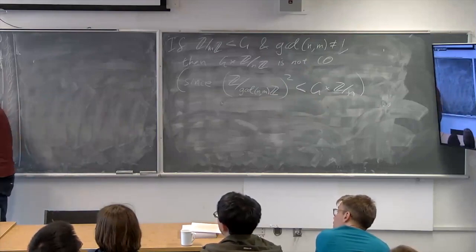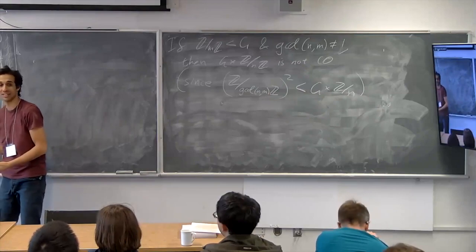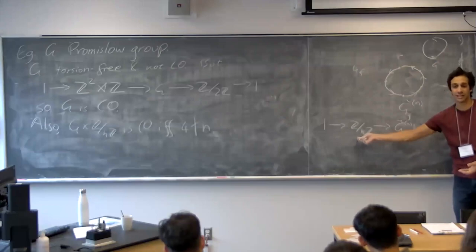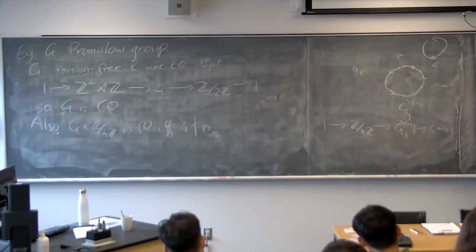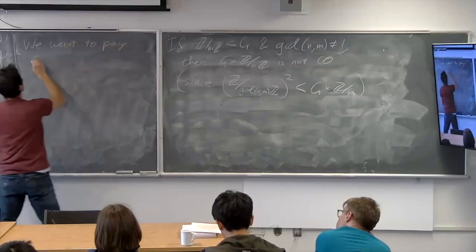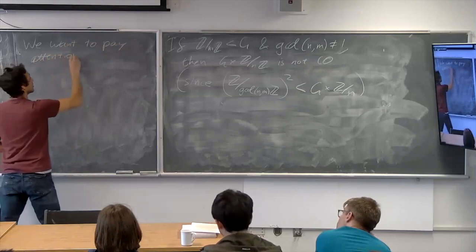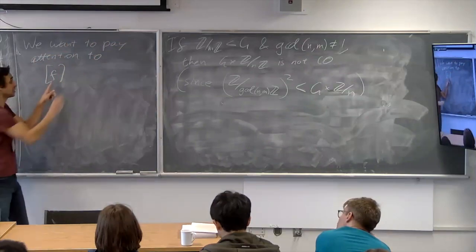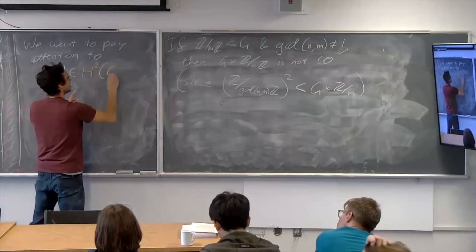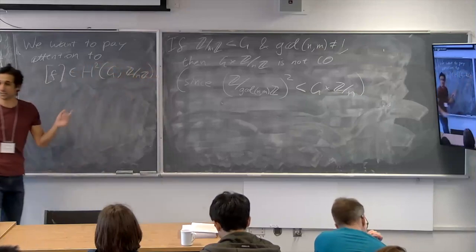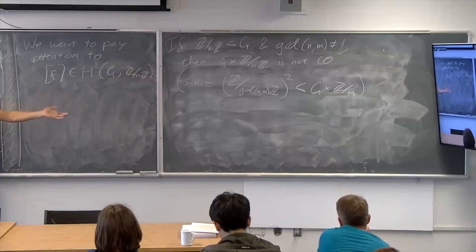They're going to fit into central extensions like this, except instead of the kernel being Z, it's Z mod N. So we want to pay attention to F, a circular ordering, but inside H2 of G with coefficients in Z mod NZ. This is where you want to pay attention if you want to ask a question about direct products with finite cyclic groups.